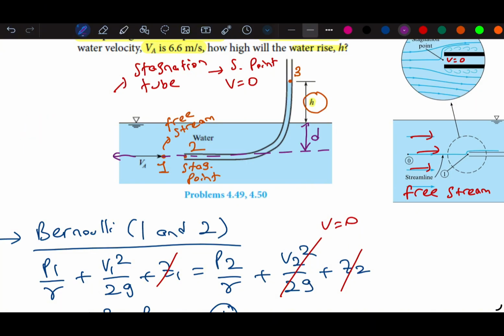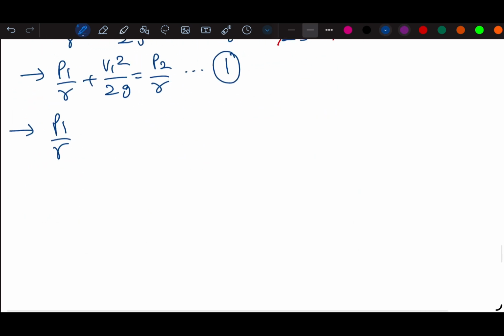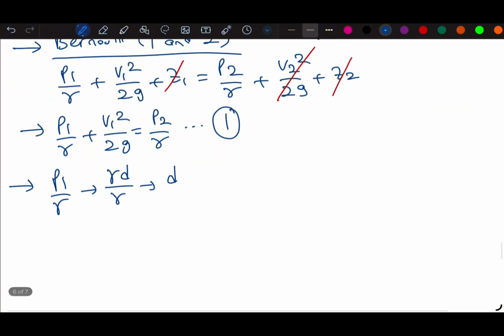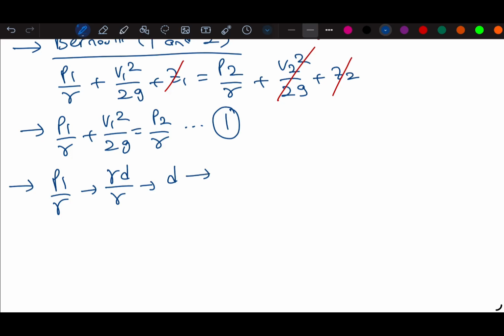So P1 is equal to gamma times d. So this makes it gamma d over gamma, and what we get is only d. And if we substitute this into the equation here, we will get d plus V1 squared over 2g is equal to P2 over gamma.